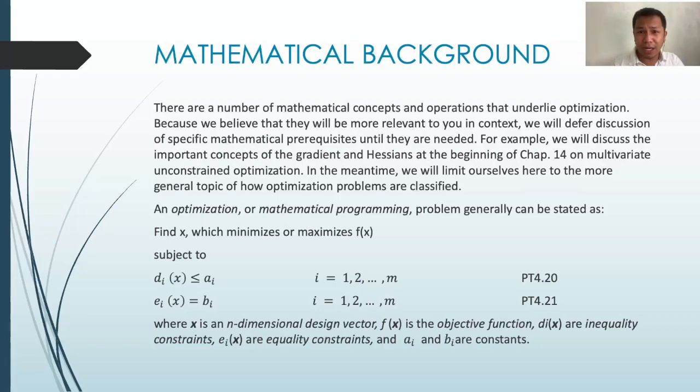So, an optimization or mathematical programming problem can be generally stated as finding x which minimizes or maximizes the function f of x, subject to d_i of x less than or equal to a_i, where i is equal to 1, 2, and so on, and e_i of x is equal to b_i, again where i is equal to 1, 2, and so on, where x is an n-dimensional vector. f of x is the objective function, d_i of x are inequality constraints, e_i of x are equality constraints, and a_i and b_i are constants.